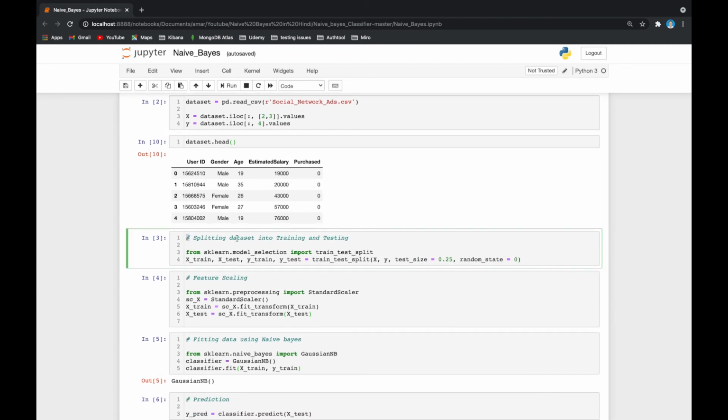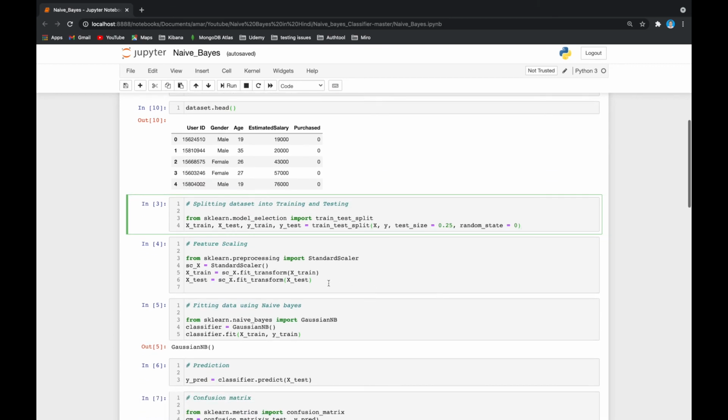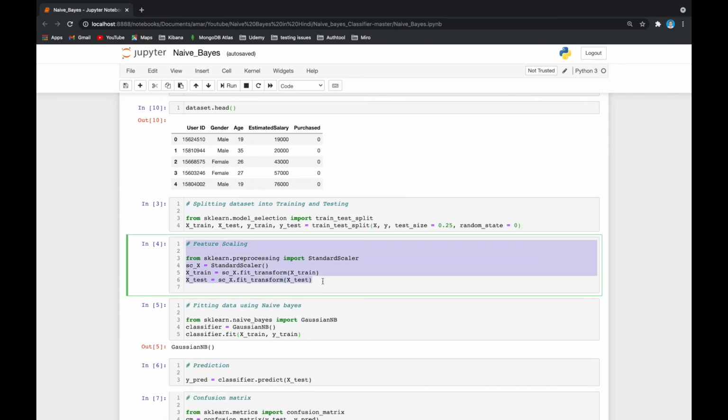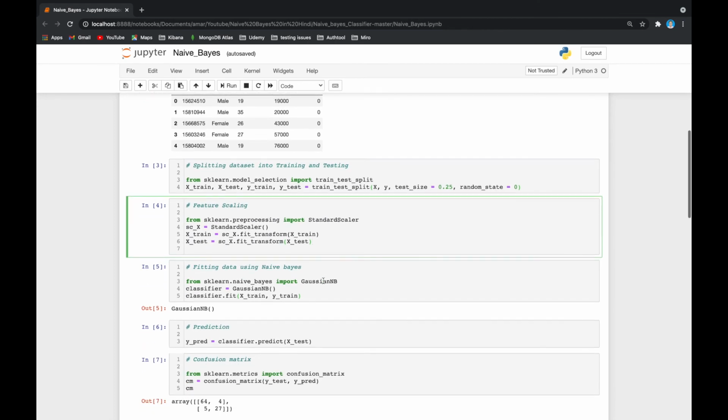Here I have split my data into training and test parts in order to evaluate our model. This test size I have kept as 0.25, which is 25%, and the rest of the 75% will be used for training. Then I have scaled this data. In my previous video I told you the importance of this scaling.